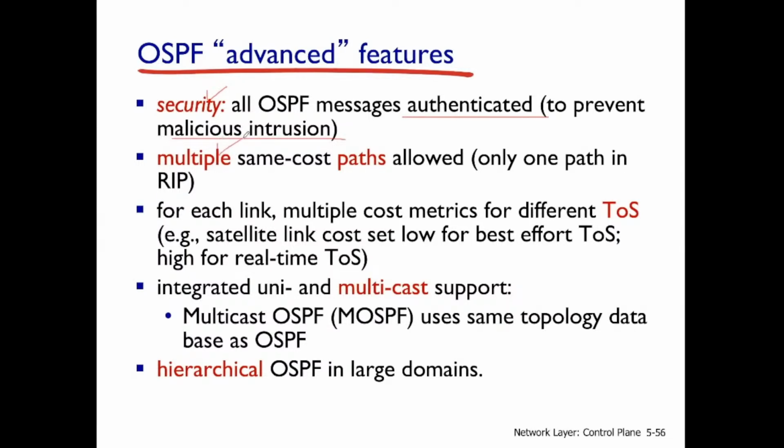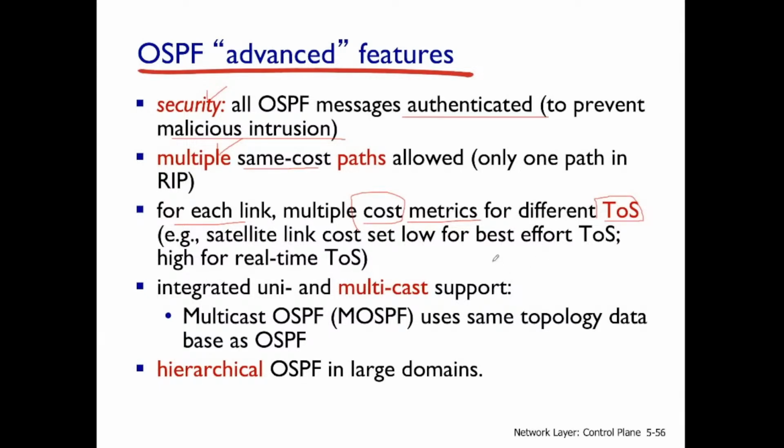The second feature is this. One can actually exploit multiple same-cost paths. In case we come up with a topology such that Dijkstra gives us same-cost paths and there are multiple of them, we could send data over these multiple same-cost paths, which is nice sometimes. For each link, the metric for the link cost can also be defined differently for different types of services.